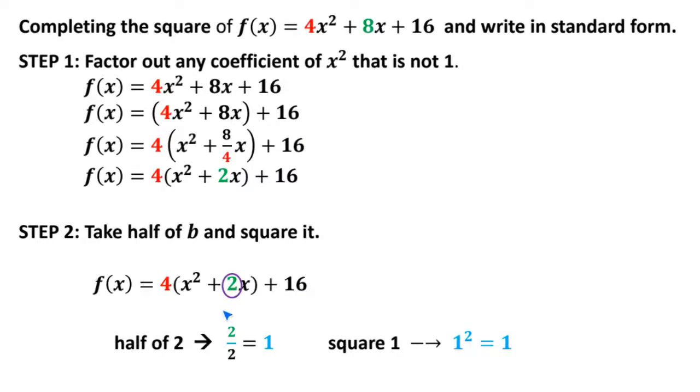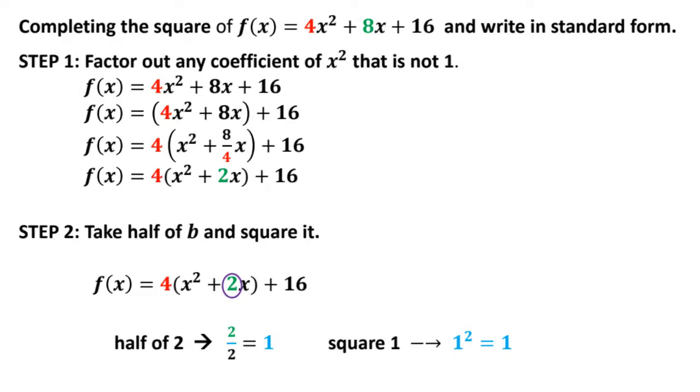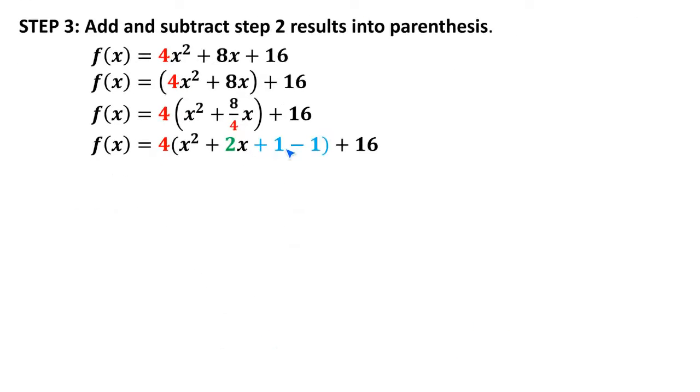Okay, so step 2 was take the number in front of x, take half of it, so we're dividing by 2. So when you take half of 2, you get 1, and then we're going to square it. So 1 squared is going to be 1. Okay, so then we add it and we subtract it.